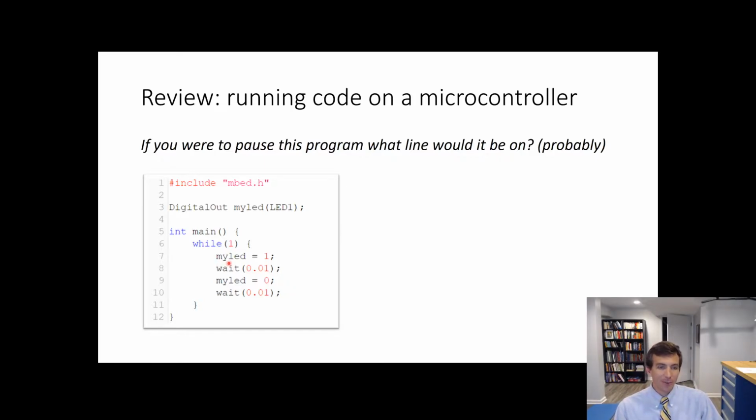So if we were to plot out, say, where our microcontroller is in terms of execution, the vast majority of the time it would be sitting here at line 8 and at line 10. And there's really no good work being done in line 8 and 10. We're just stalling until we want to do something else interesting, which is line 7 and 9.